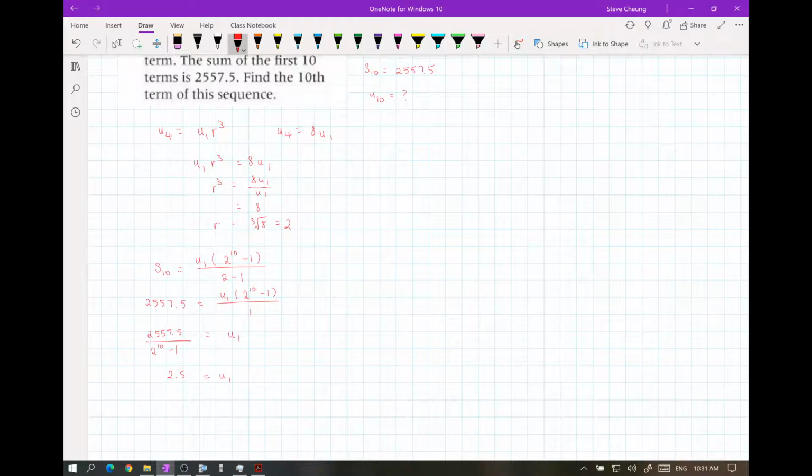So in order to go from the first term to the 10th term, we do u10 equals first term plus, oops, almost fell for that again. r to the power of 9 to get to the 10th term in a geometric sequence. So 2.5 times 2 to the power of 9 is 1280.